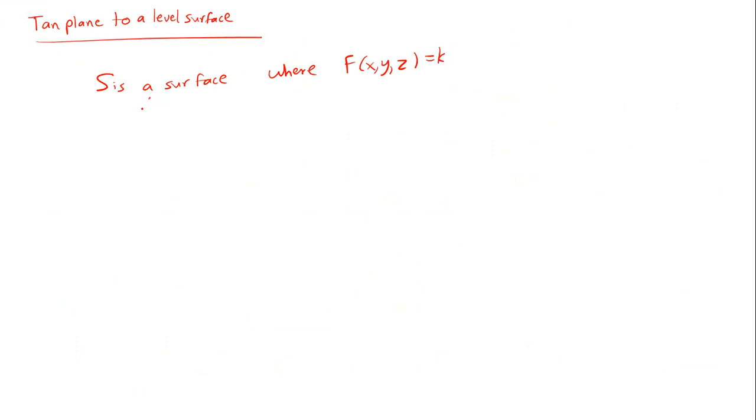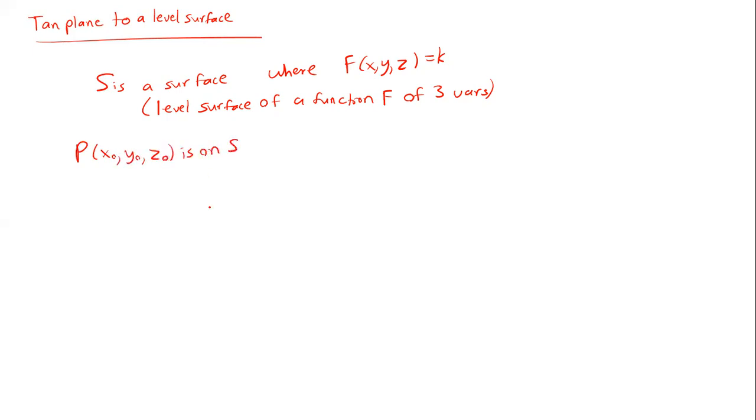We would say this is a level surface of a function f of 3 variables, meaning that it is the set of all the x, y, and z points that cause f of x, y, z to equal k. And so P of x0, y0, z0 is on S, and C is a curve on the surface.